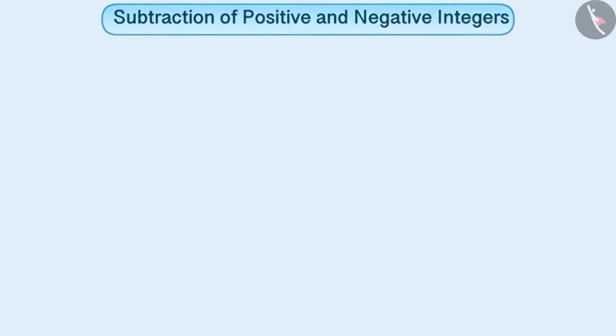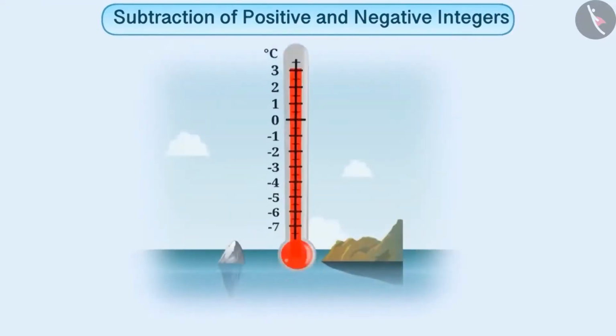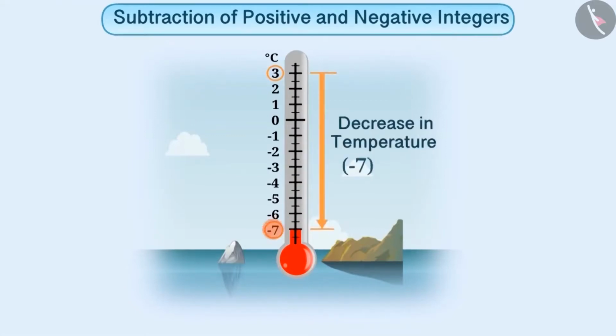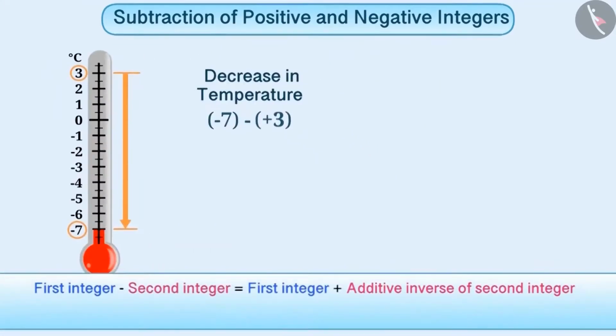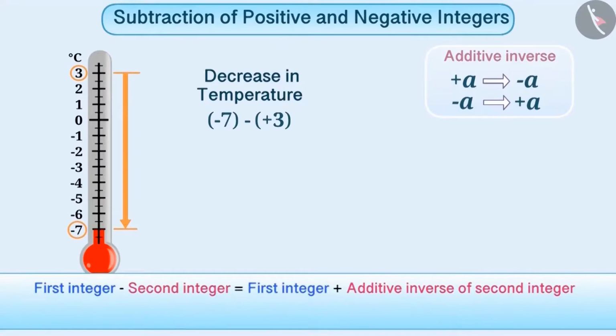In the same way, we can perform subtraction on a positive integer and a negative integer. Suppose the temperature at a place is 3 degrees centigrade. If it decreases and reaches -7 degrees centigrade, then the decrease in temperature can be found by subtracting +3 from -7. Even in this case, we will find the additive inverse of the integer that is being subtracted, that is -3.